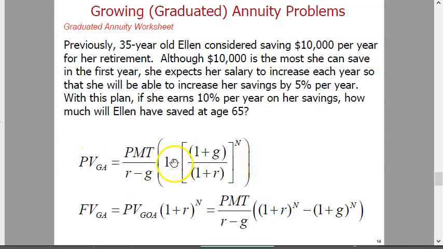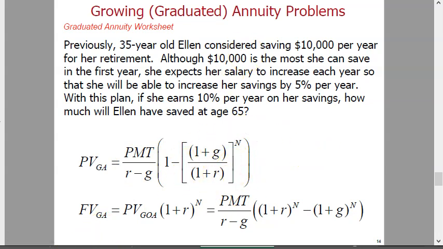So in this equation you see G, in this case, is 5% per year, and then R is, as usual, 10% per year, as in previous problems. So we have to use this formula, and there is no Excel built-in function. Once you have the formula, we can write our own VBA function to solve this.